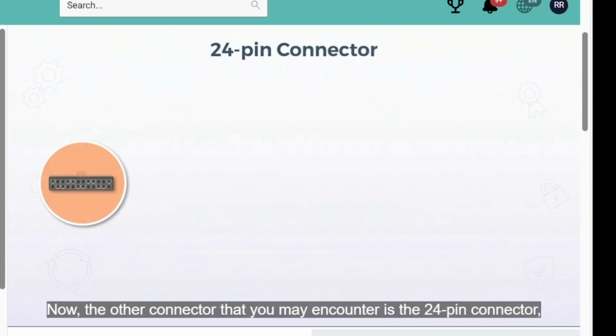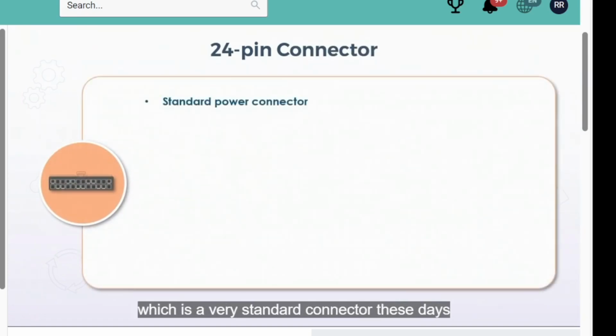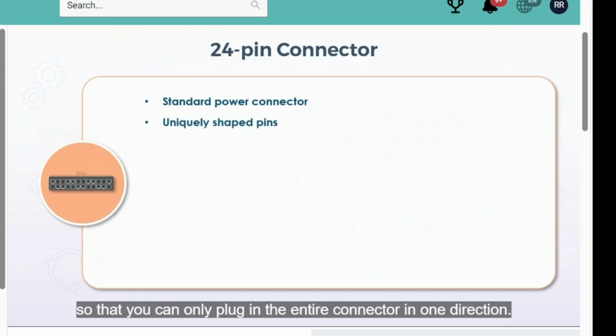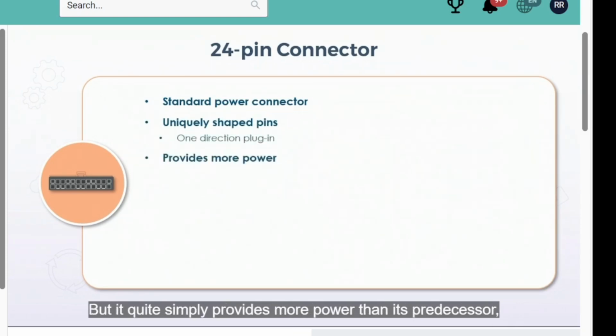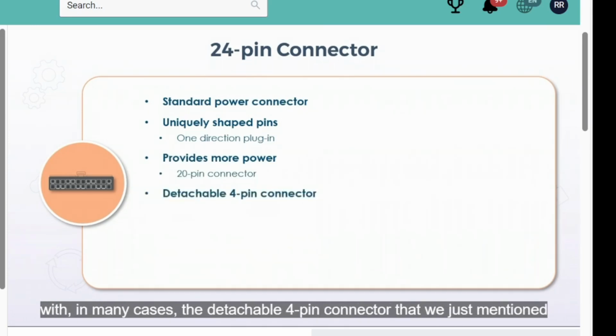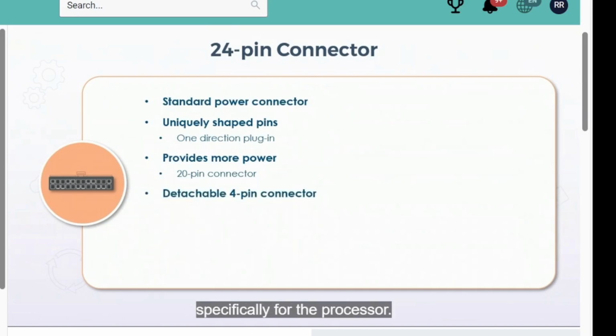Now, the other connector that you may encounter is the 24-pin connector, which is a very standard connector these days for many motherboards. It has a uniquely shaped set of pins that are keyed so that you can only plug in the entire connector in one direction. But it quite simply provides more power than its predecessor, the 20-pin connector, but it was essentially just the 20-pin connector with, in many cases, the detachable 4-pin connector that we just mentioned specifically for the processor.